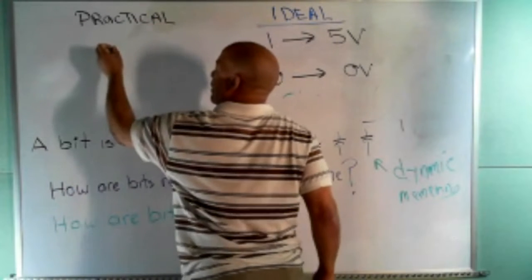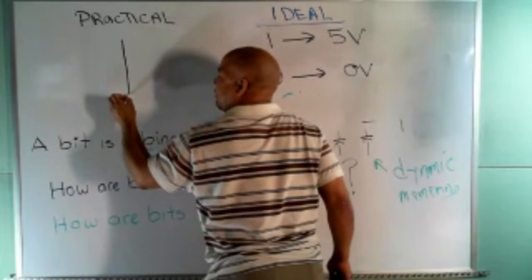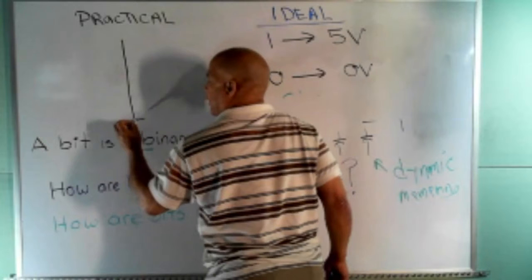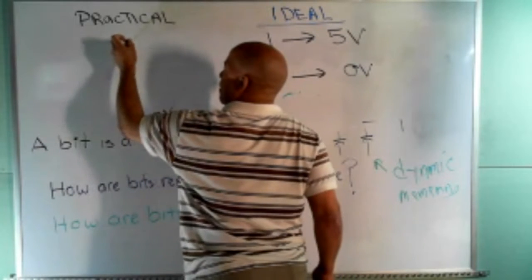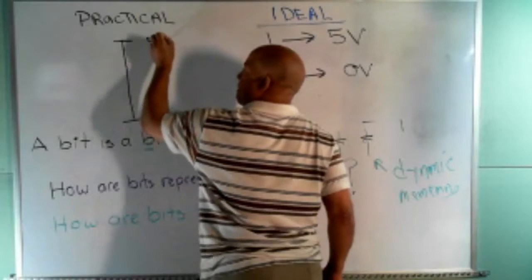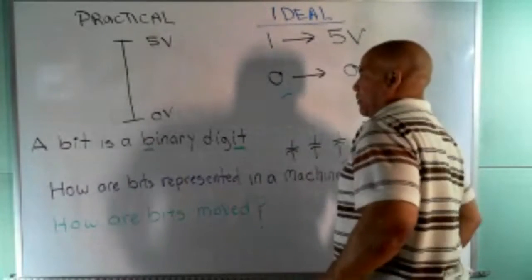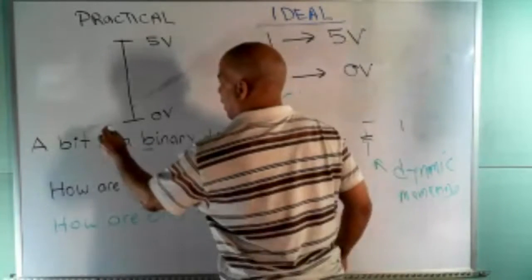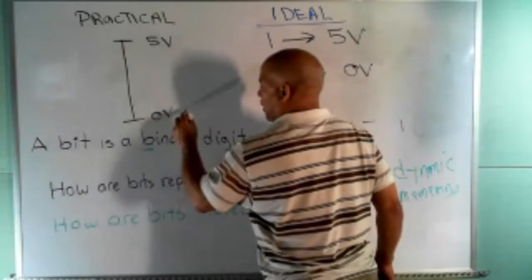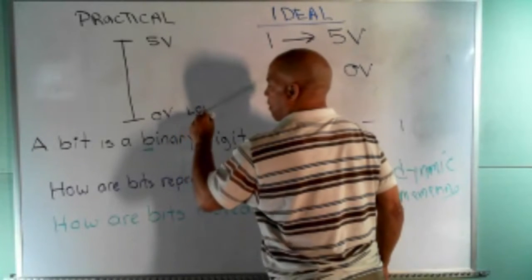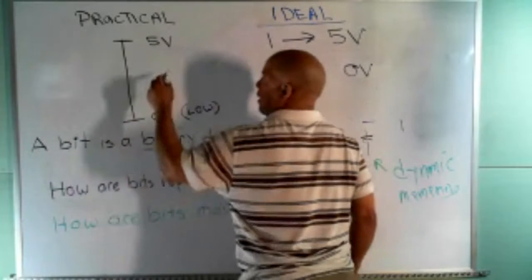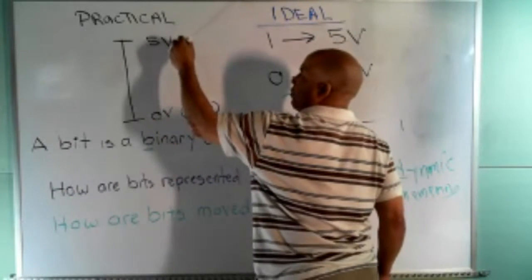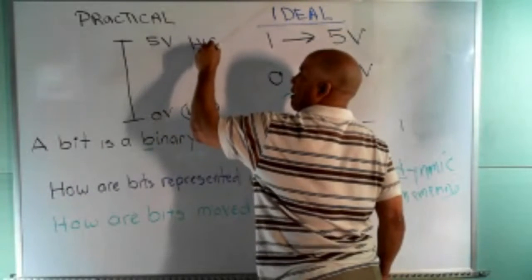And you might have something like this. Instead of having exactly 5, let's say you have 0 volts here, and up here, 5 volts. So the 0 volts represents a binary 0, and we call this a low. And the 5 volts represents a 1, so that's a high.